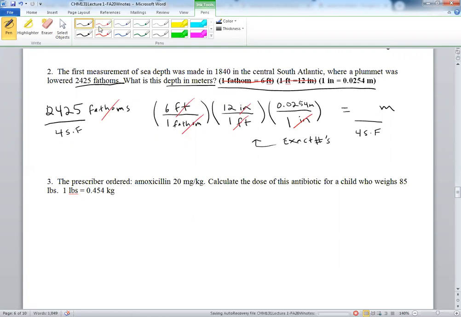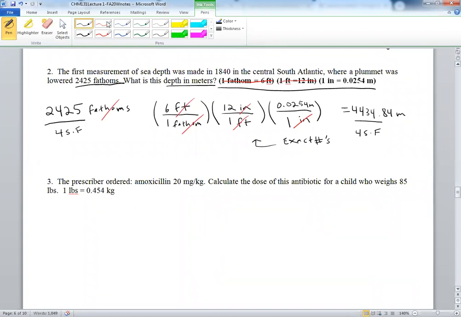So let's begin. So from my answer, I get the full answer. So we can write it down. I get 4,434. Let me erase this meters here so we can include the whole number. 0.84 meters.